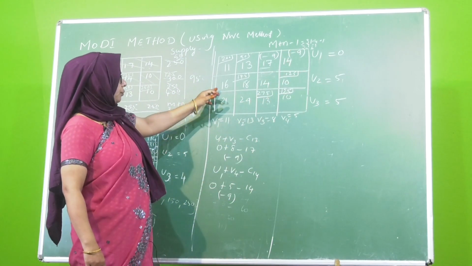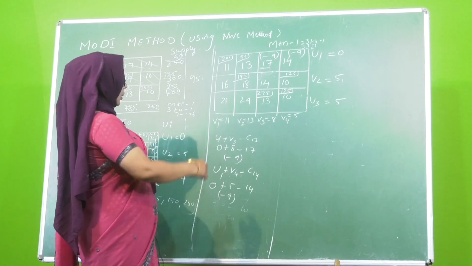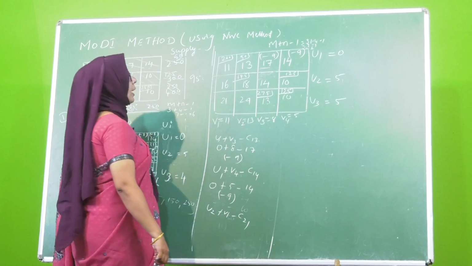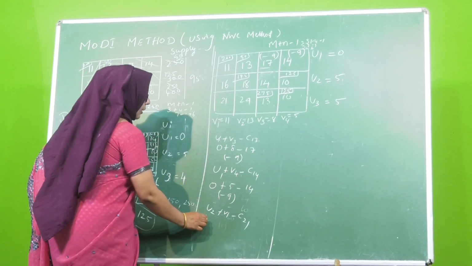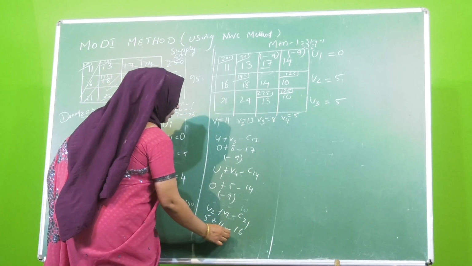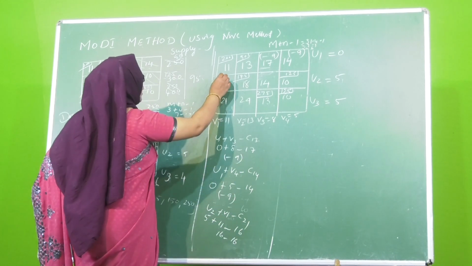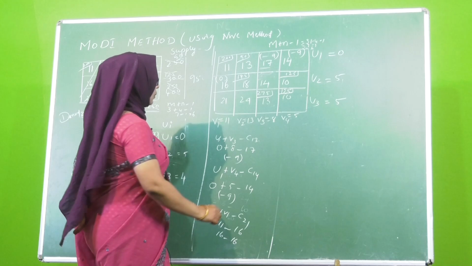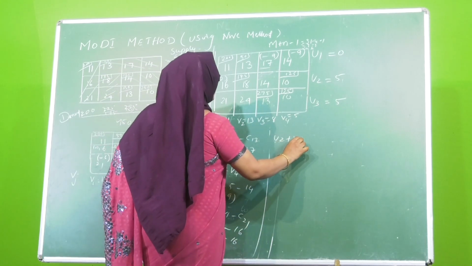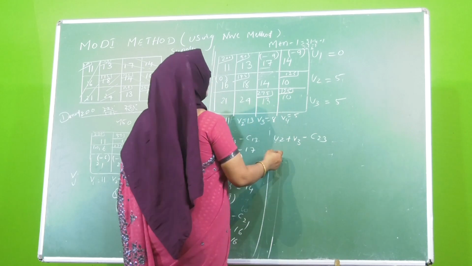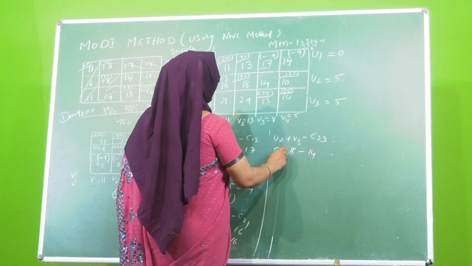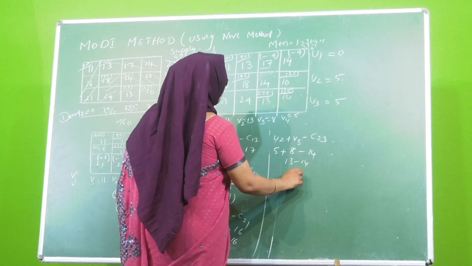Then U2 plus V1 minus C21: U2 is 5 plus 11 minus 16, so 16 minus 16 we get 0. Next, U2 plus V3 minus C23: U2 is 5, V3 is 8, minus 14, so 13 minus 14 is minus 1.